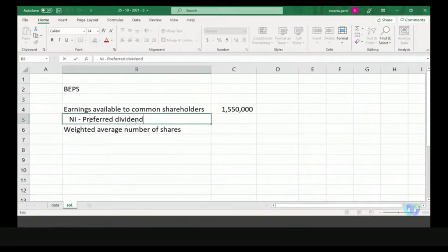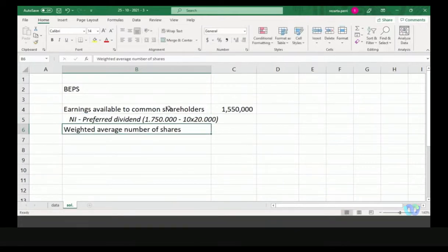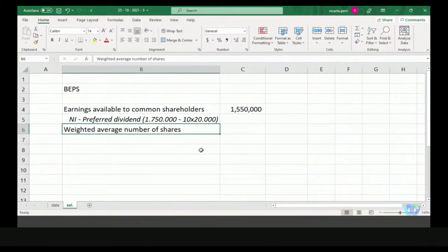Again, it is equal to net income less preferred dividend. I'm putting the calculations in brackets also because you might need them. This is the dividend multiplied by the number of preferred shares. So this is the way to calculate the earnings. Remember, if it says net income, you should pay attention if it is net income before or after the taxes, and then to subtract always the preferred dividend, not the common dividend, but the preferred dividend.